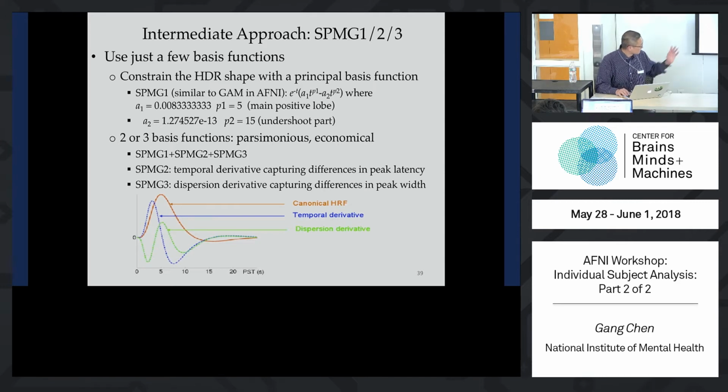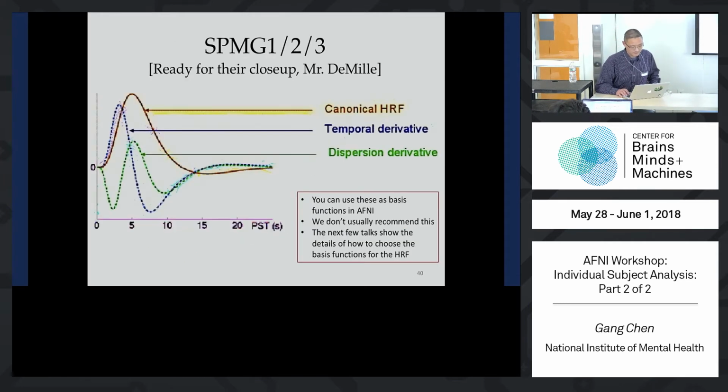This option is available in AFNI as a basis function. You can either use the first one, as SPM does, or use the first and second one as a second option, or you can use all three. All three options are available.